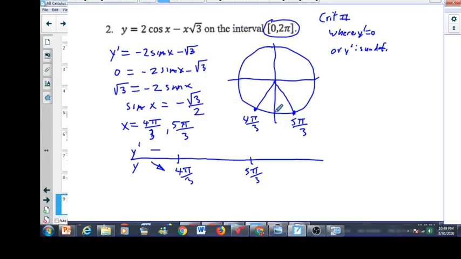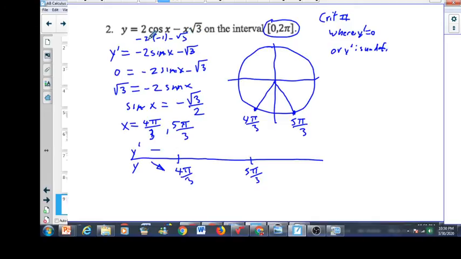the next value we can pick is right in between 4 pi over 3 and 5 pi over 3, which would be like 3 pi over 2. So if we put in 3 pi over 2, we get negative 2 times sine of 3 pi over 2, so negative 2 times negative 1, minus square root of 3.